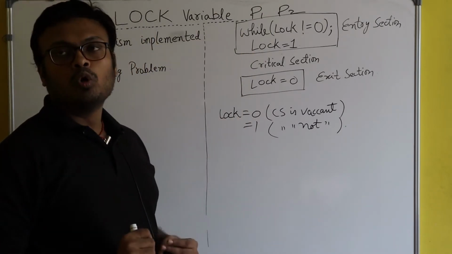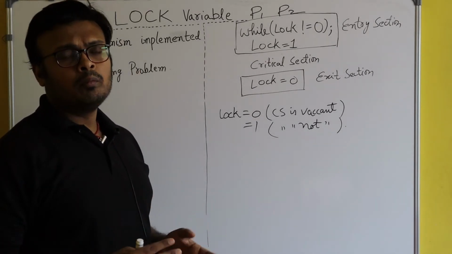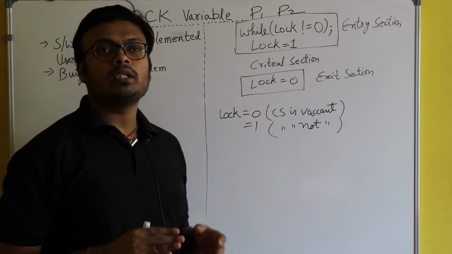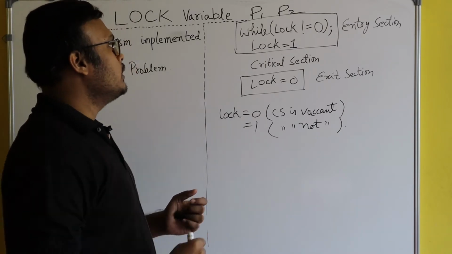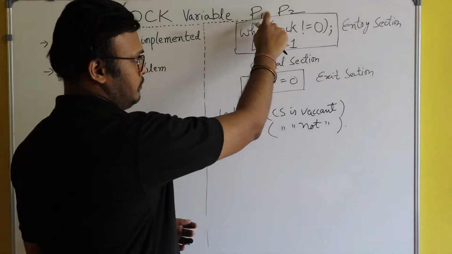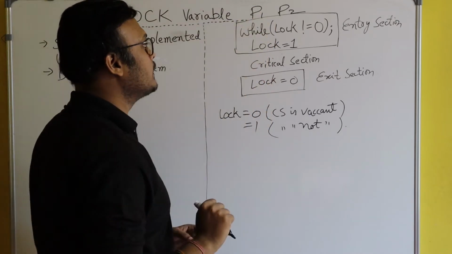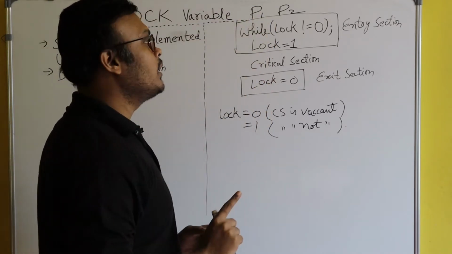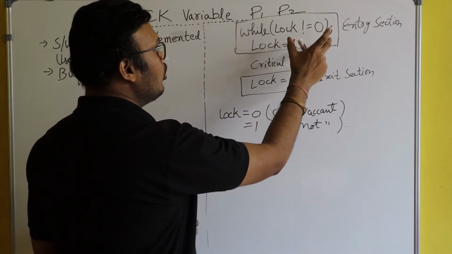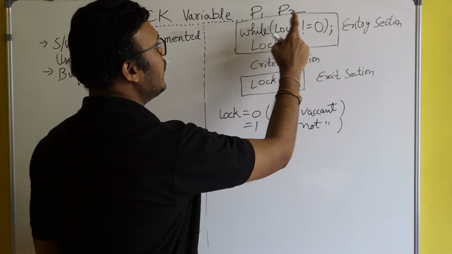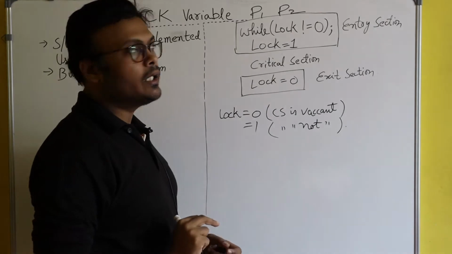Both want to enter the critical section, because the critical section is a region where the shared resources can be accessed. Suppose process P1 got the chance to enter the critical section. But remember from the last class that a process must go through the code written in the entry section, and only after that can it enter the critical section.